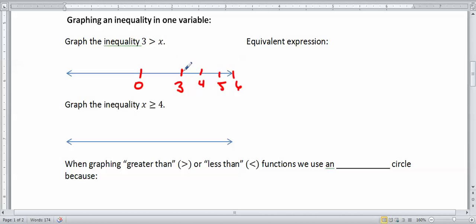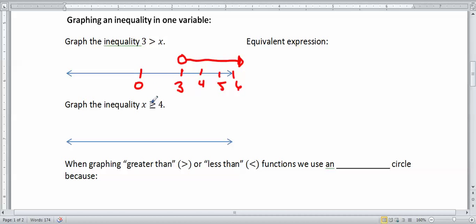Now it says it has to be greater than 3, so 3.01 works, but 3 doesn't. So I can't include 3 in my solution. I'm going to use an open circle to graph that. This implies that 3 is not actually in my solution, but literally everything starting at 3.00001 after that is. It's greater than 3, it's in the solution, but 3 itself is not.